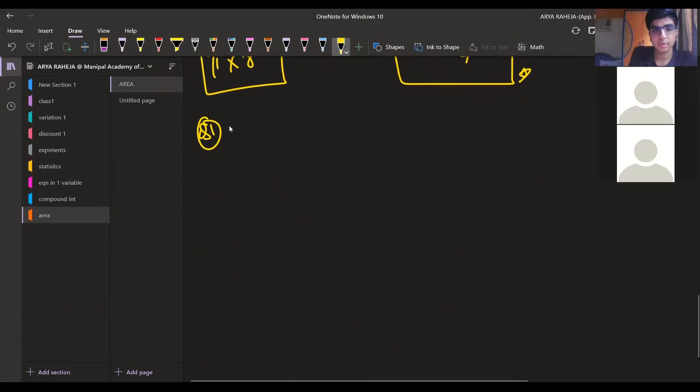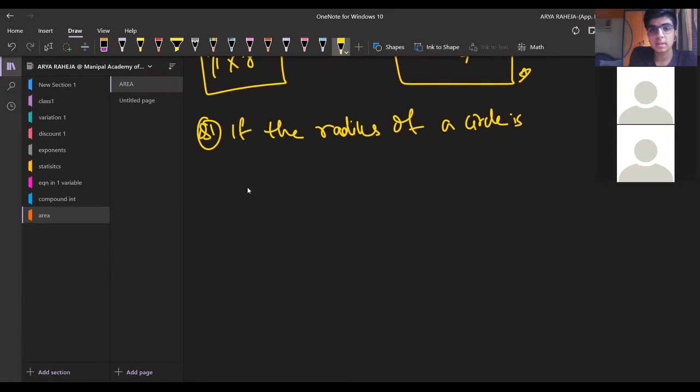Question 1: if the radius of a circle is 7 centimeters, find its area. This is the first question and I'll discuss this. अभी के लिए I'm giving you like 1 minute only. Whoever can do it, just do it fast and message me the answer. Otherwise, I'll discuss it.